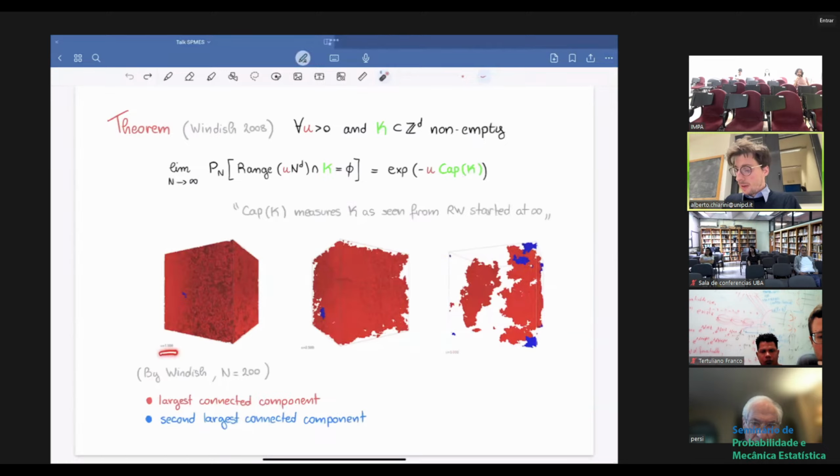So you see, when we vary the intensity, this proportionality constant, there is an abrupt change in behavior between a situation where the largest connected component is essentially everything, so everything is well connected, and a situation where everything is pretty much disconnected. So one might be interested now to understand this question of corrosion, to see whether there is a phase transition between a situation where everything is well connected and everything is pretty much disconnected.